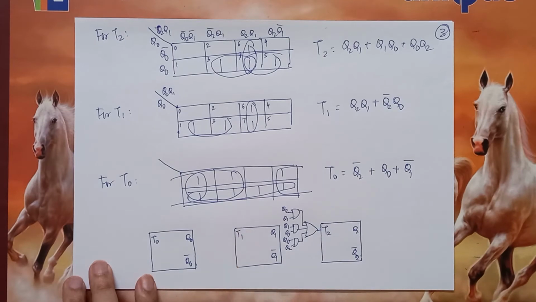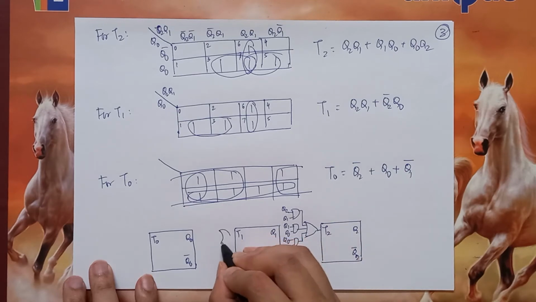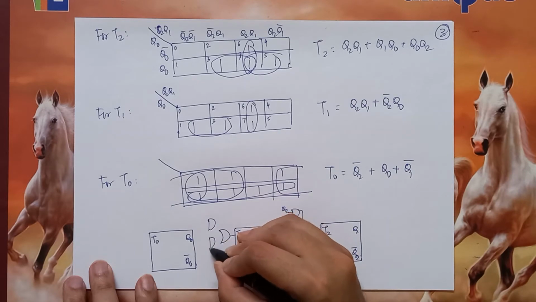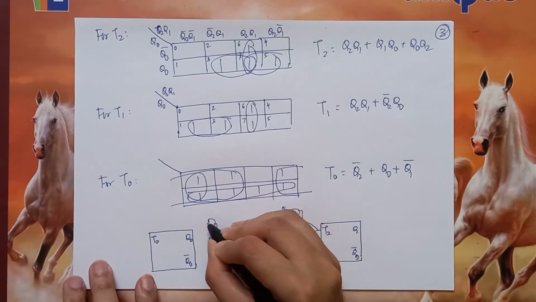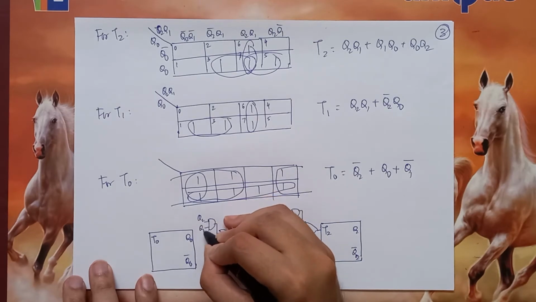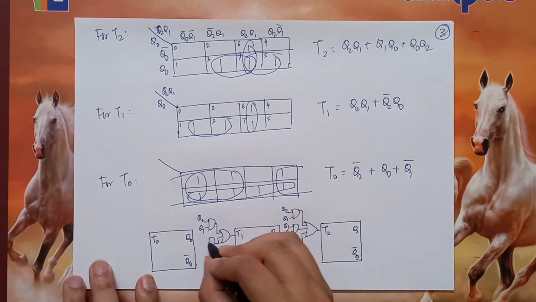T1 would be Q2 Q1 plus Q2 bar Q0. So again, if I have an OR gate, we would now need 2 AND gates. The inputs would be Q2 Q1. You could even reuse this gate, there's no harm in that.